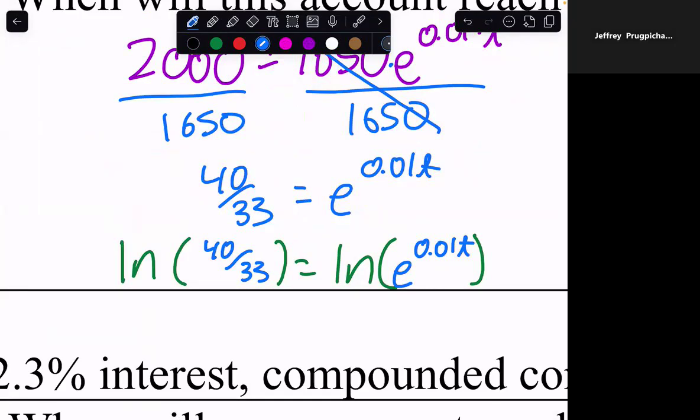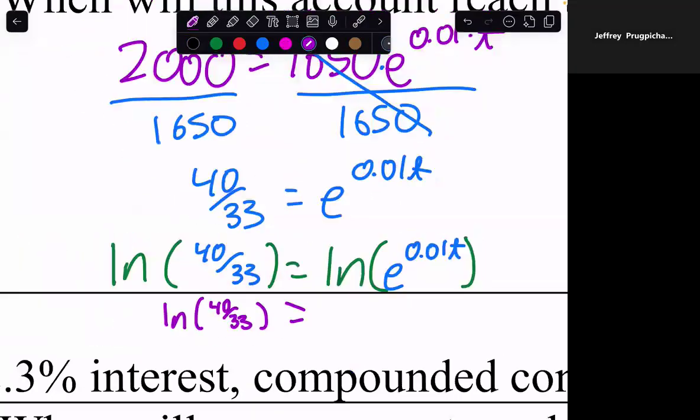Okay, the left side does not simplify, just keep it as is. But the right side, again, the whole point is that natural log is log base e, so it cancels out the other e. Okay, leaving just the exponent of 0.01t behind.